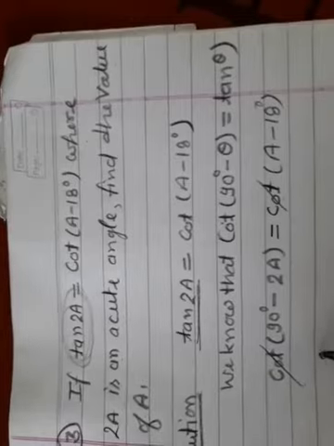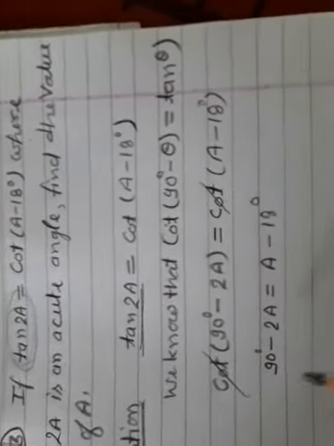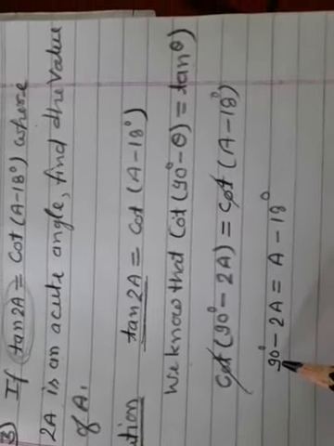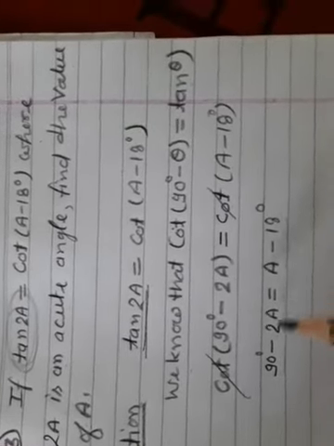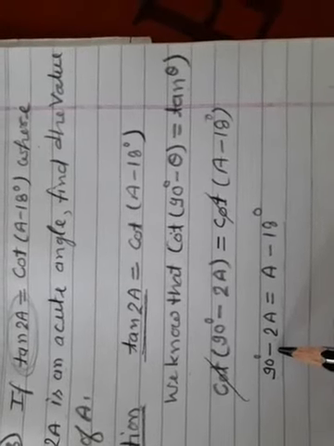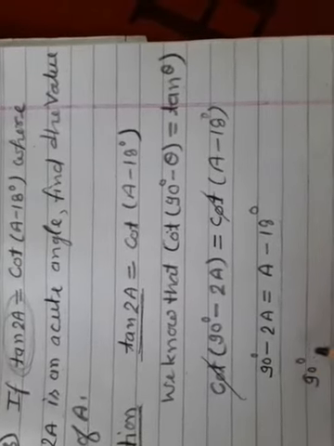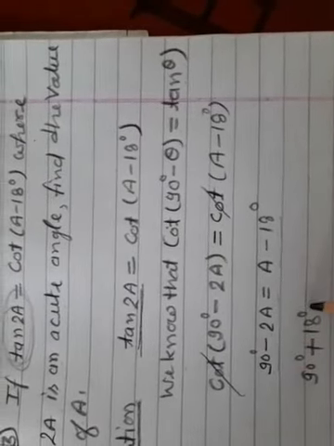This one is right, 90 minus 2a is equal to a minus 18 degree. Clear? And both are acute angles. So this one is right, that 90 plus 18 degree. This one goes that side positive. Clear?